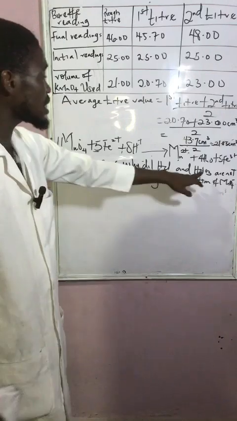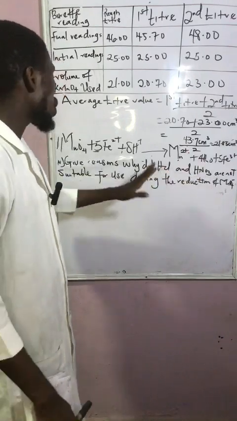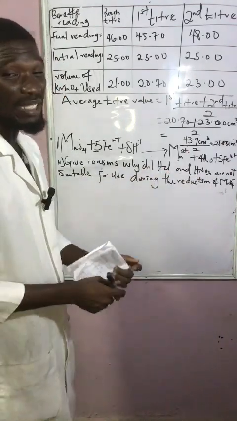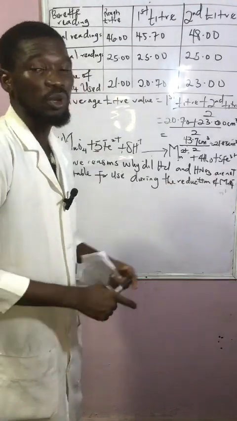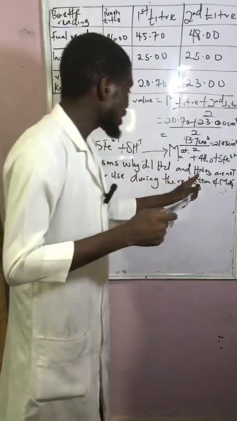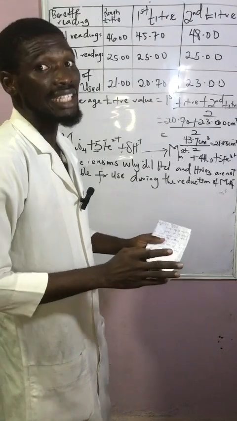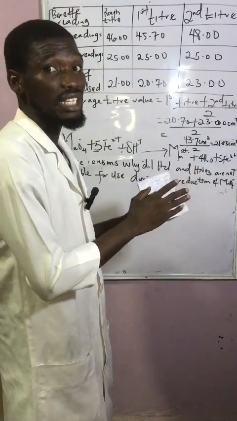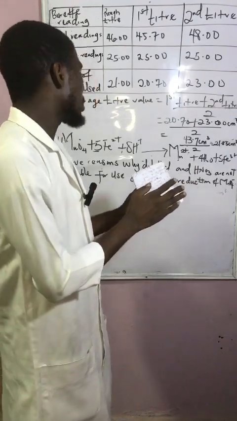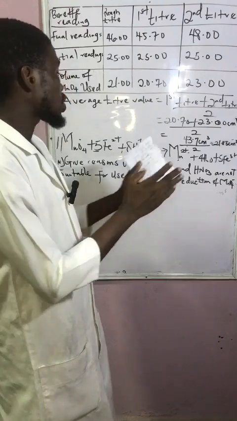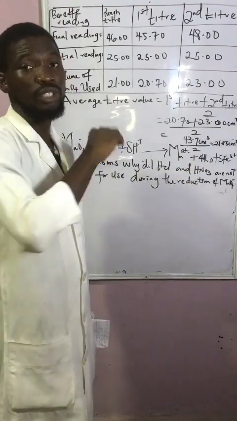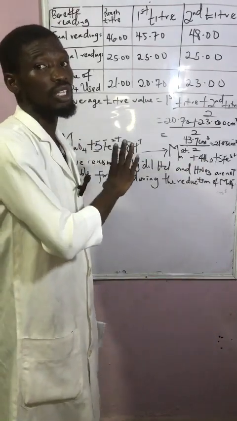And why is it that this HNO3 here is also not suitable? It is because HNO3 is a powerful oxidizing agent. So with that, they are not suitable to react with MnO4. So guys, I will easily put down what you need to know about this on the board.